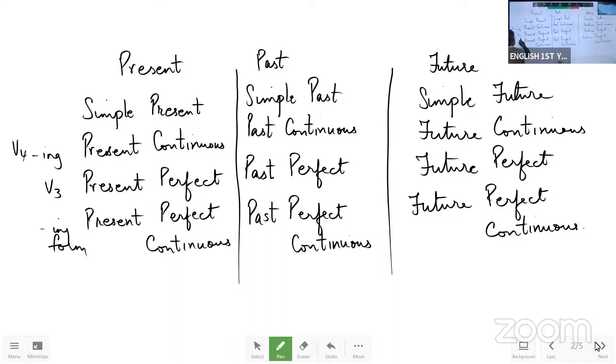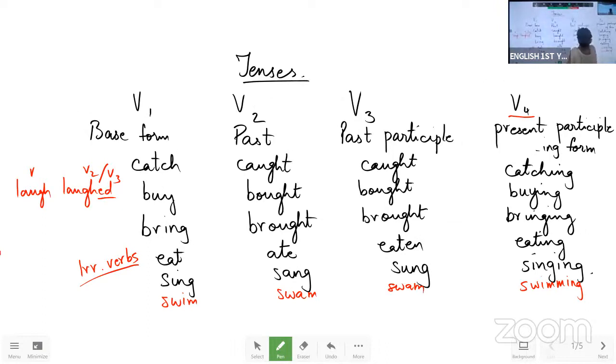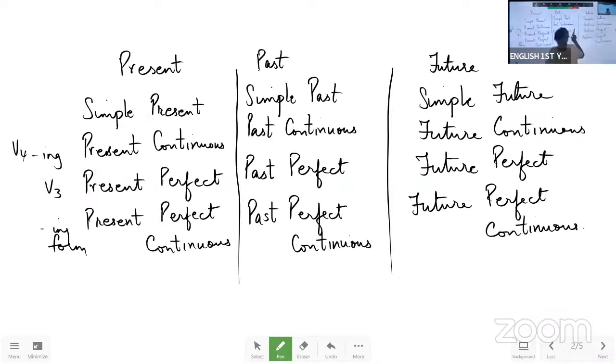Present perfect, where we use the past participle. In the previous class I had explained about past participle. Perfect, always you have to use past participle, otherwise known as V3. Present perfect continuous, ing form, which action is still going on.